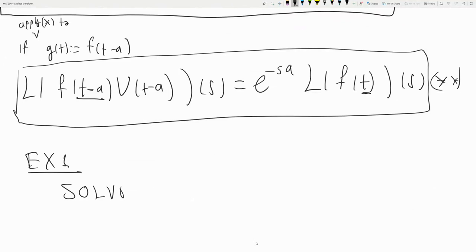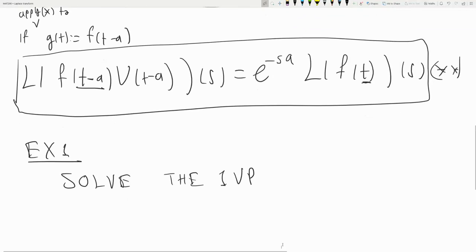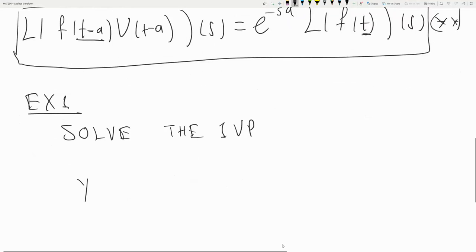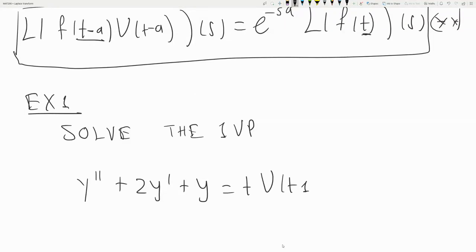Solve the IVP: y double prime plus 2y prime plus y equal to t u of t minus 1, with y of 0 equals 0, and y prime of 0 equals 0.